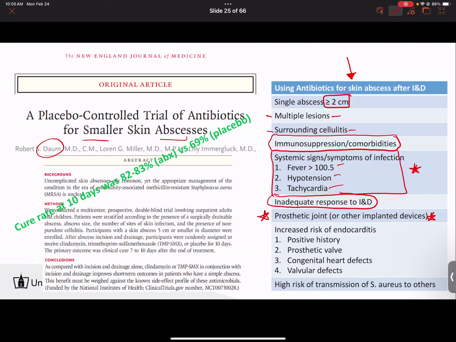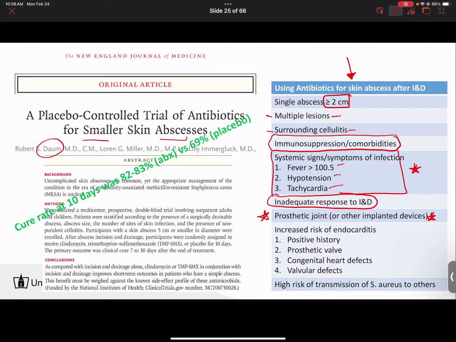Okay, and in certain circumstances, you probably want to give the antibiotics before you do the incision and drainage, such that you don't seed the hardware or a valve in the heart or a prosthetic valve in the heart with bacteria. Because anytime you probe an abscess or any other part of the body, chances are you're inducing some transient bacteremia.